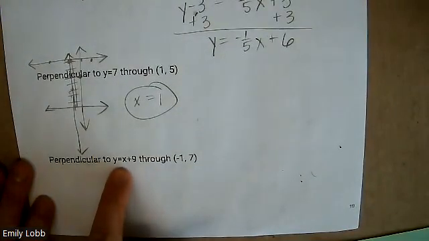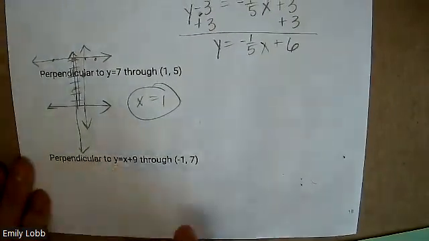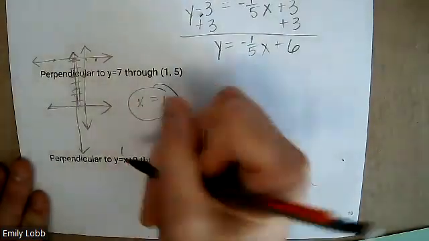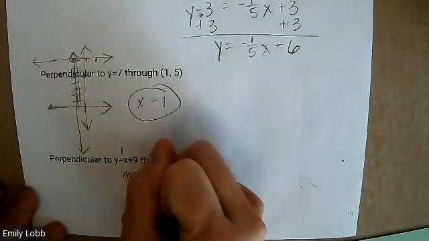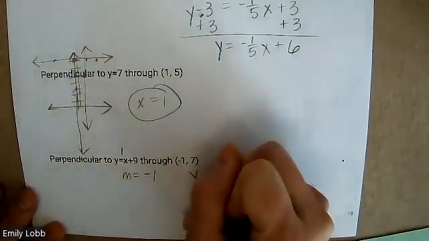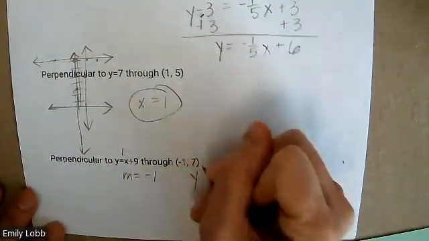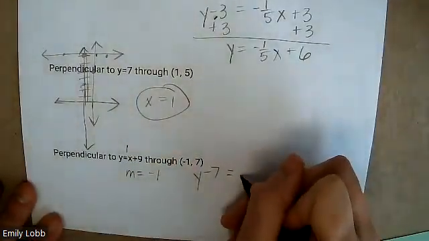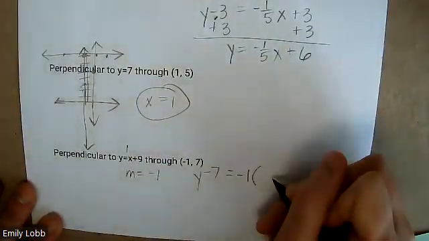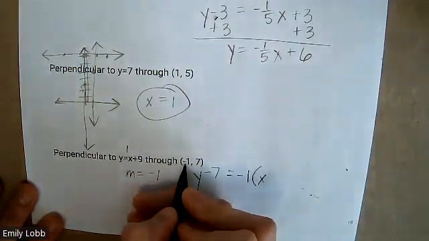All right, here. What's my slope here? My slope here is 1. What's the opposite reciprocal of 1? Well, the opposite of negative 1, if I flip it, it's still negative 1. So my new slope is negative 1. Y minus my y value is equal to my slope times x minus my x value.